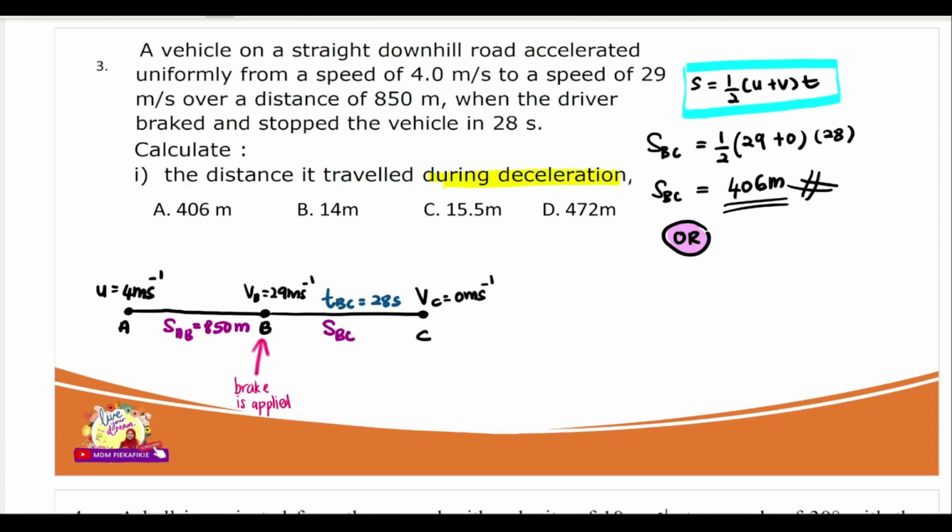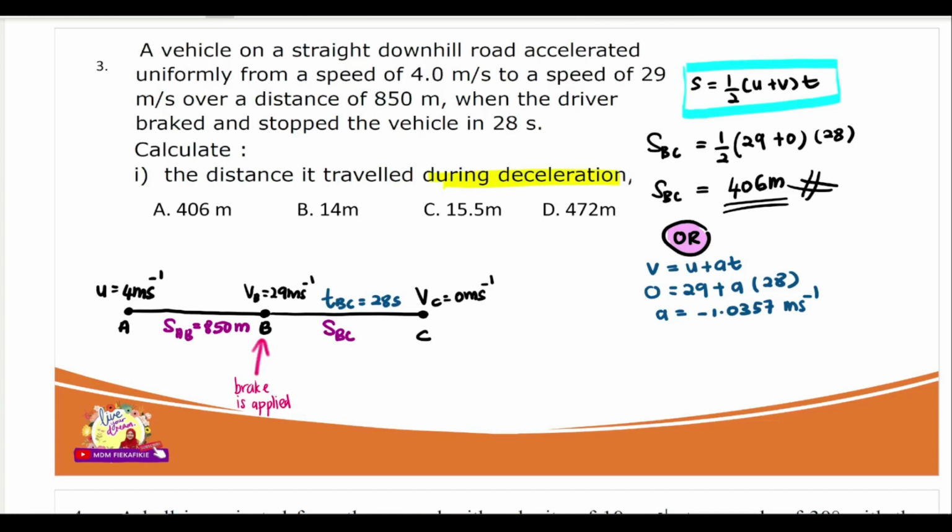So V is stop, U is 29, plus A we want to find, T is 28 seconds. Therefore, A we will get negative 1.0357 meter per second squared.